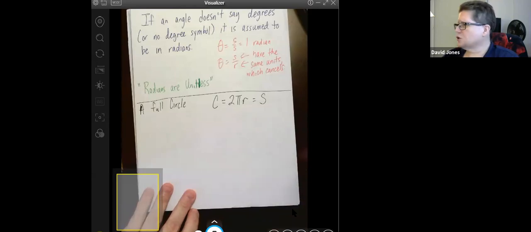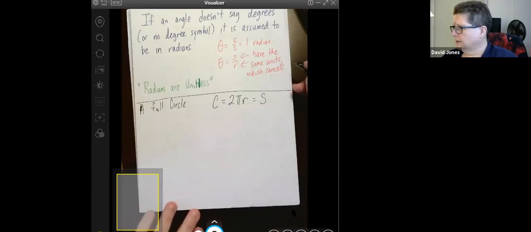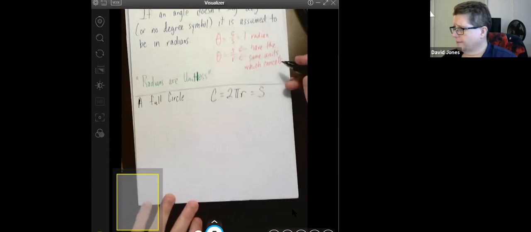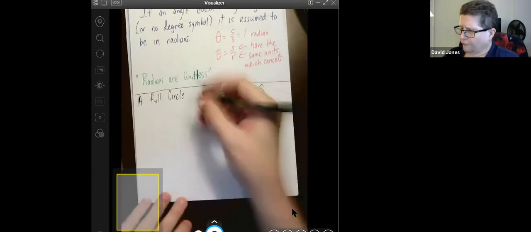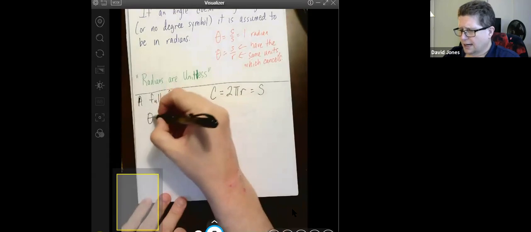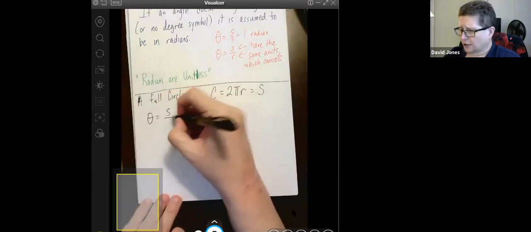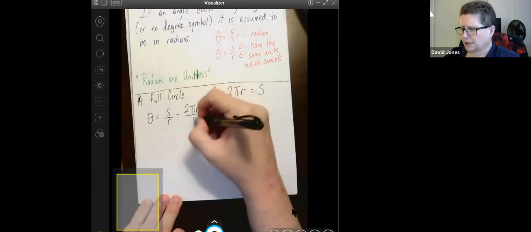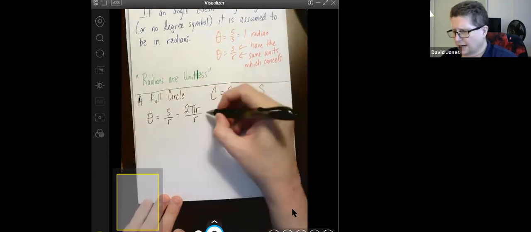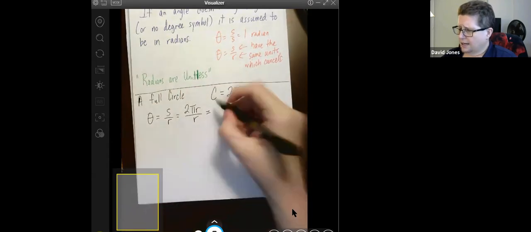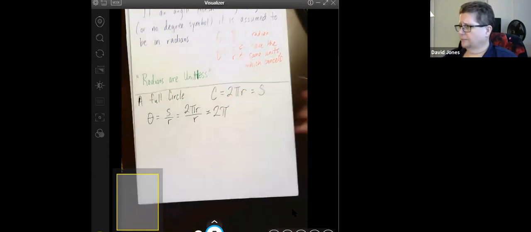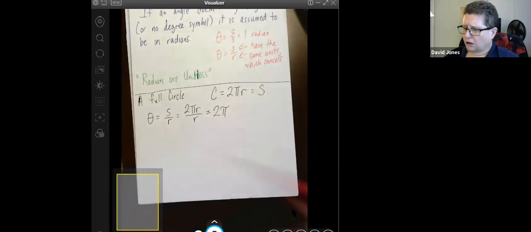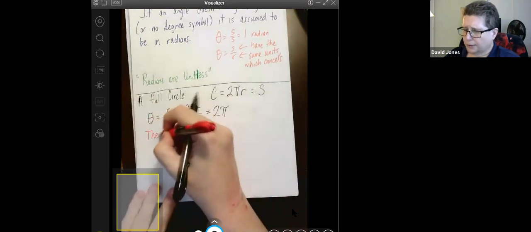This just so happens that we go the full way. So for a full circle, theta equals s over r, which is 2 pi r over r. R's cancel out. Theta is 2 pi. There are 2 pi radians in one complete revolution.